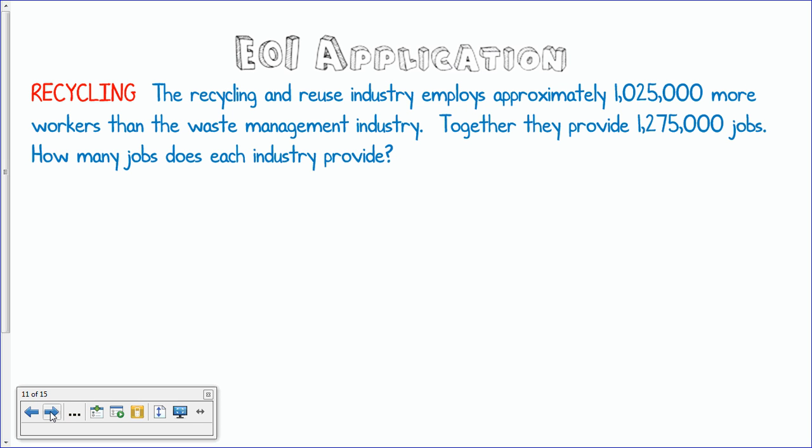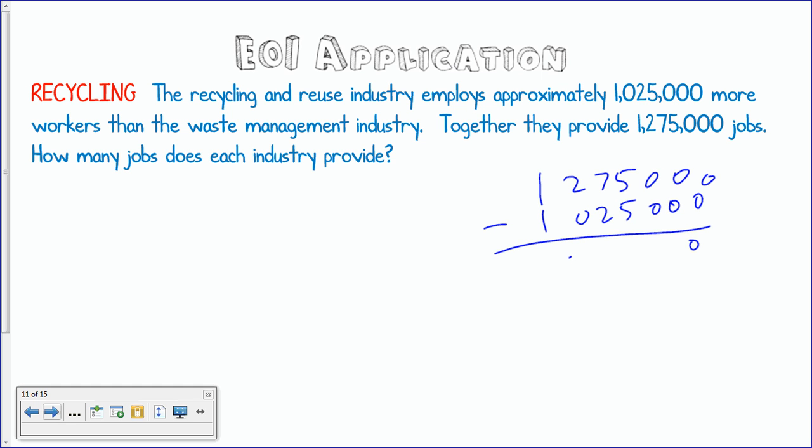Well, how do I find how many the other one is? Can I not just take and subtract that? That's all you've got to do. That's it, man. Awesome.